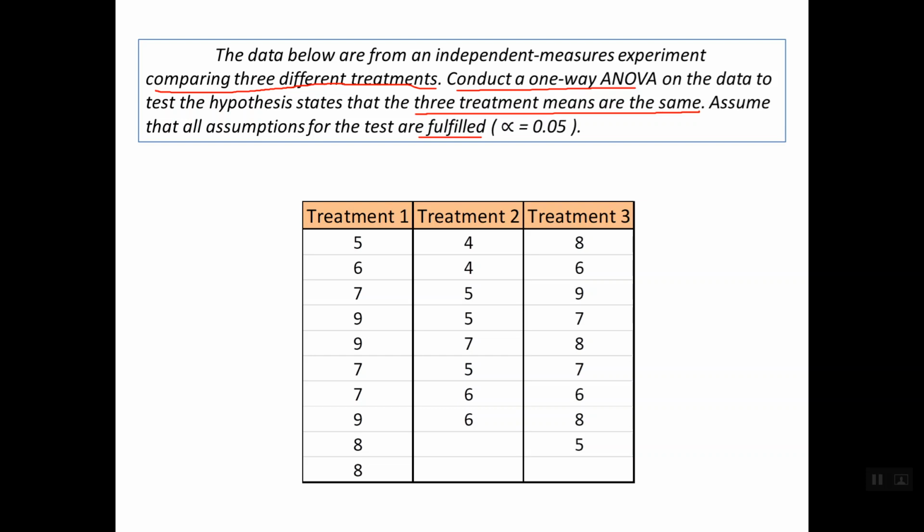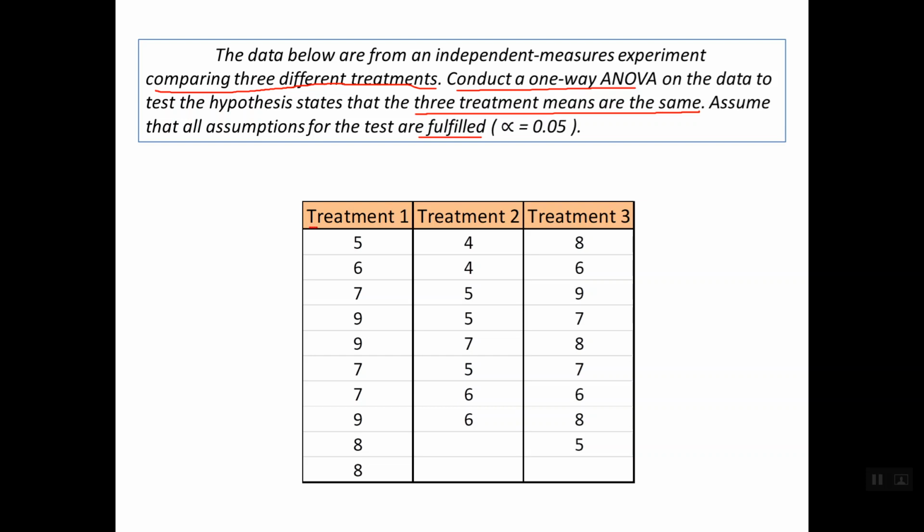And we talked about the randomness and the independence between the three samples, which means that any sample drawn from its population shouldn't affect the data for the other treatments. And again, the last assumption is that we are dealing with only one independent factor.